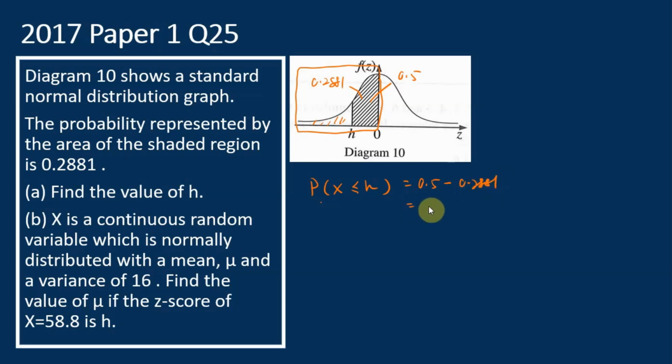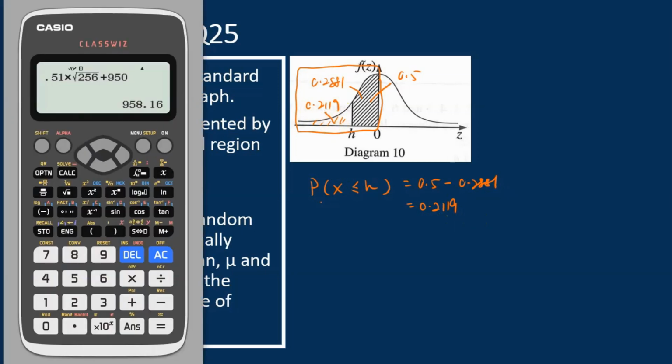This is equal to 0.2119. So this area is equal to 0.2119.